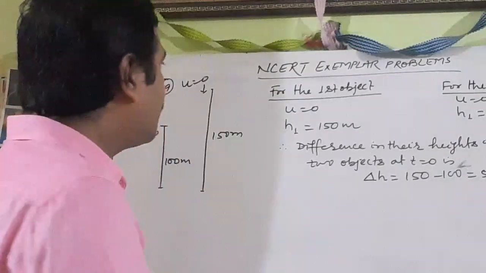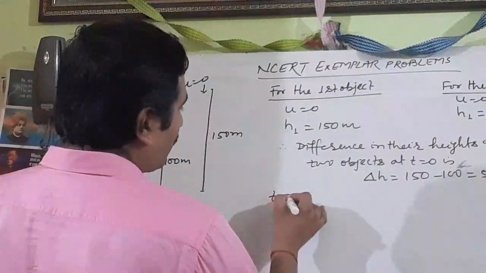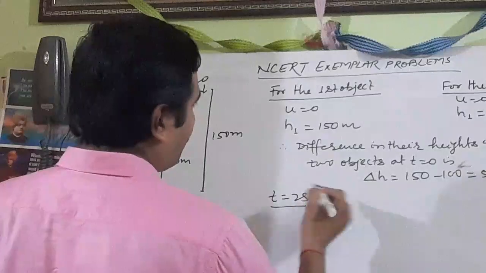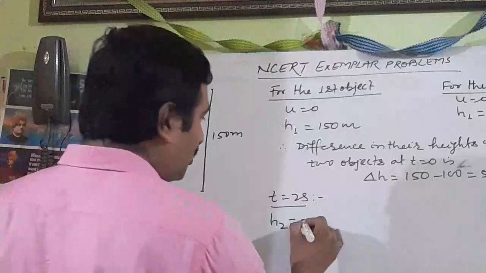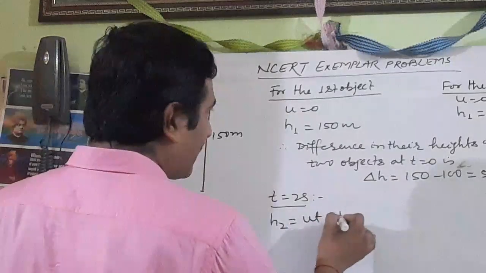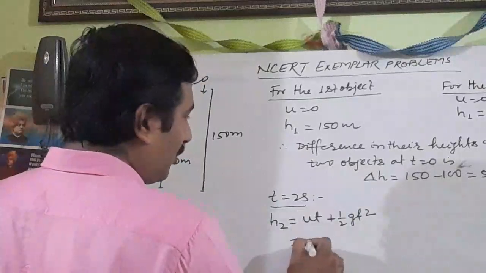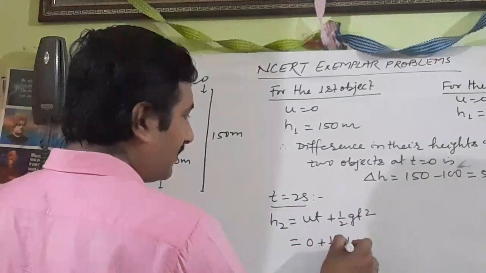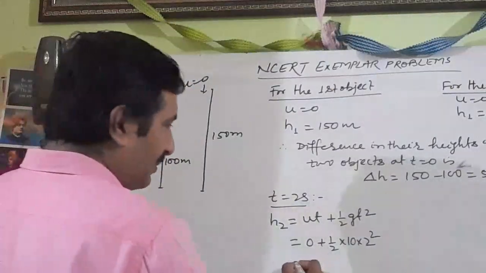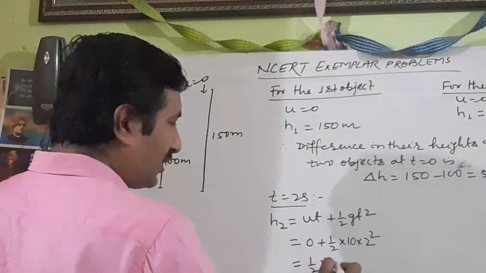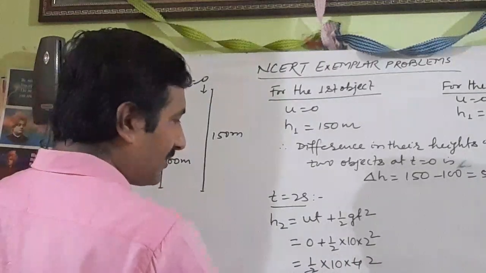After 2 seconds, you see at t is equal to 2 seconds, h2 is equal to the formula ut plus half gt square. This is ut, u is 0, half g is 10 and t is 2, so square of 2. This will be half into 10 into 4, 2 2s are 4, means 20 meter.